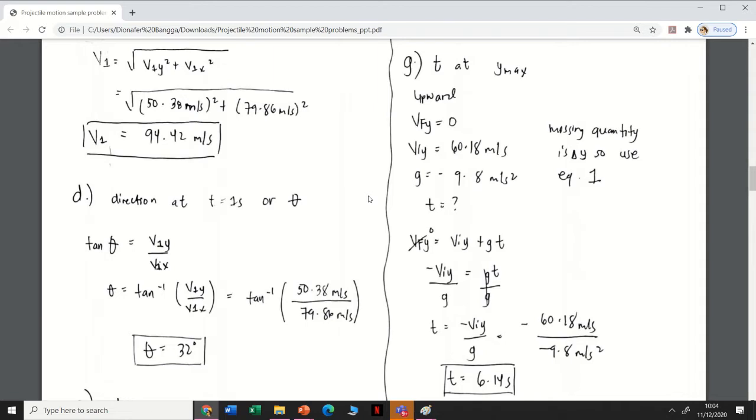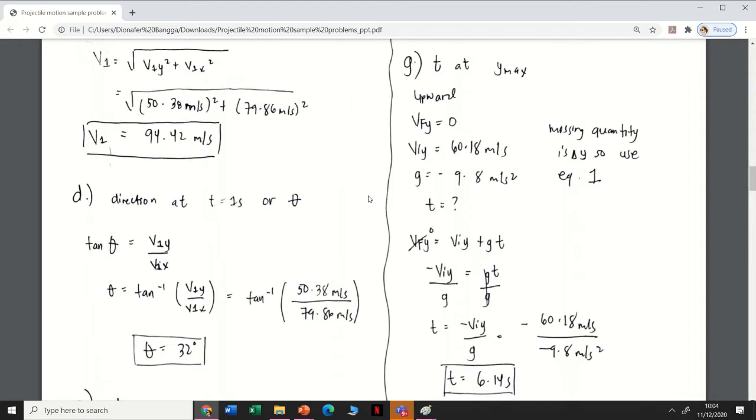Okay, so given that it is our missing quantity, we can use the first equation to solve for the time, right? Our first equation is VFY equals VIY plus GT. And we can actually simplify this one by canceling out the VFY first because it is already 0. And then you proceed to deriving the working equation for time.